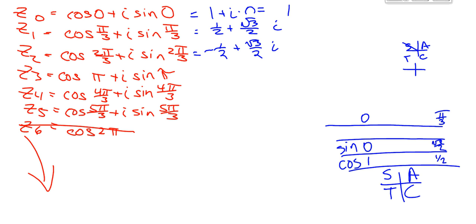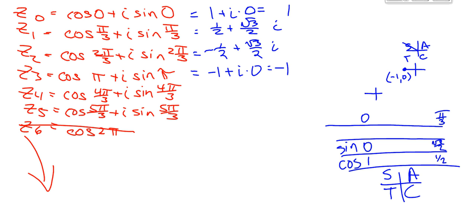So then the next one, we're at pi, which would be the point -1, 0. And so that's cosine and sine. So we'd have -1 plus I times 0. And so there's our -1, right? The next one, 4 pi over 3.